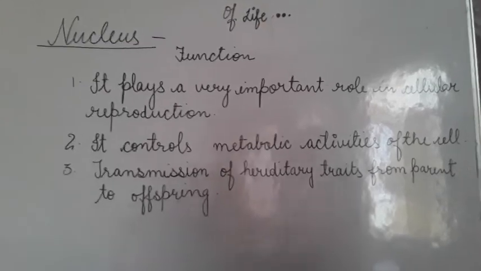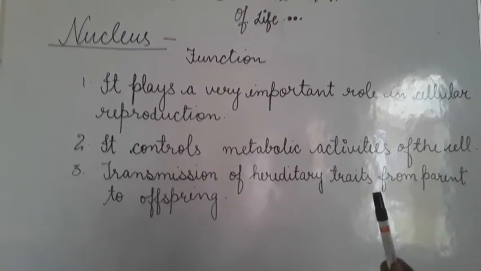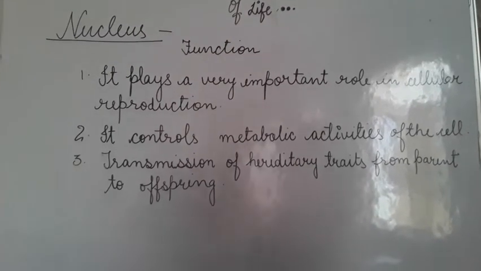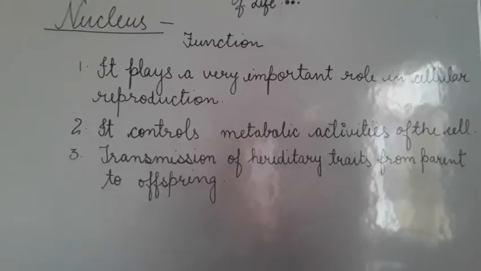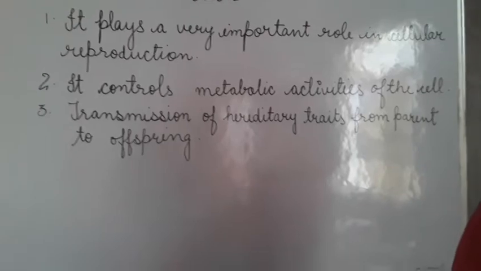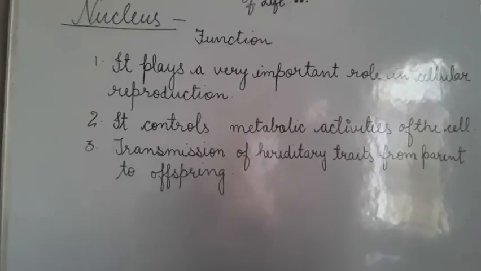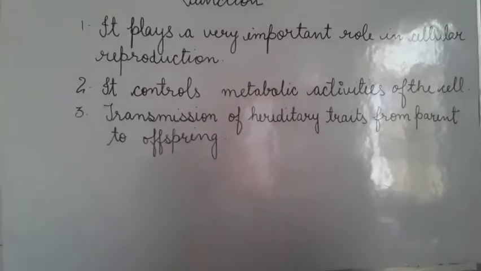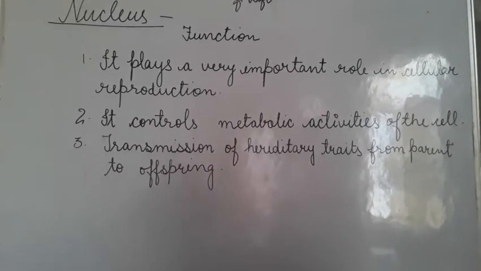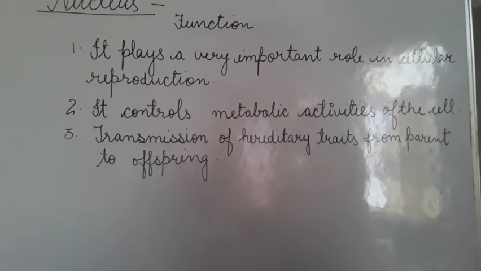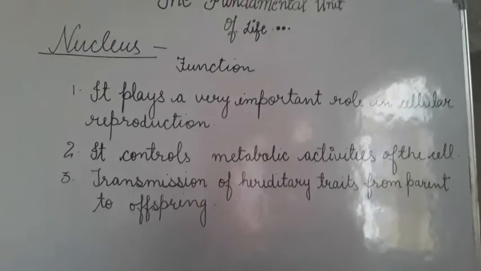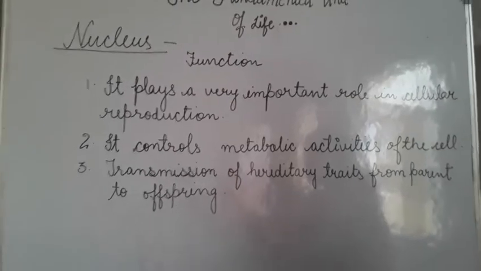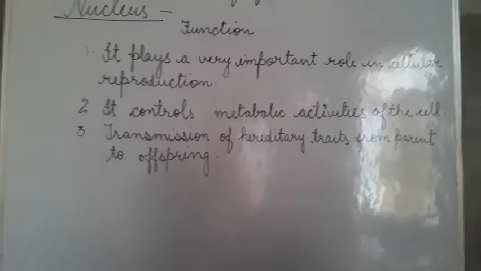So what is the function of the nucleus? It plays a very important role in cellular reproduction. Cellular reproduction is a process in which a cell divides and forms two new cells. This process is called cellular reproduction or cell division. Second, it controls the metabolic activities of the cell.